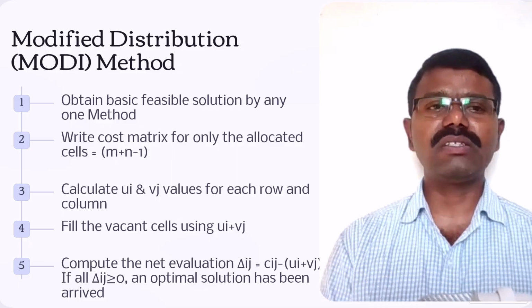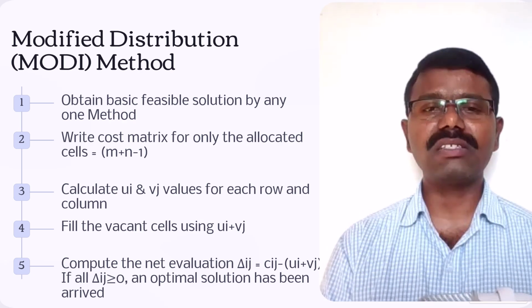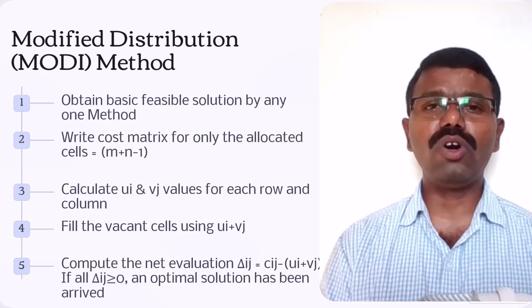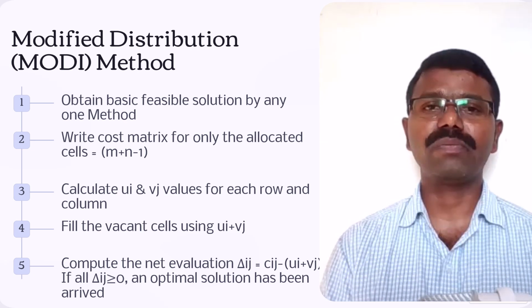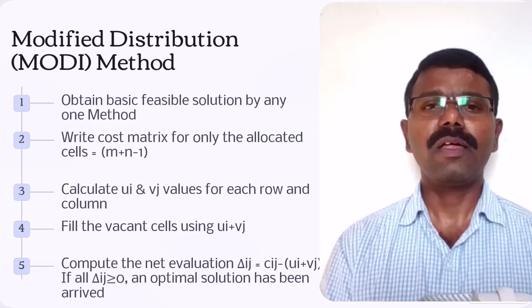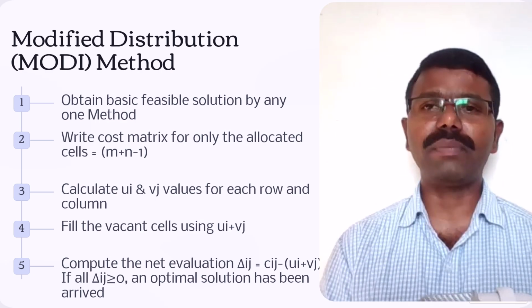Next method is the modified distribution method. This is also called the MODI method. Generally this MODI method will not solve the problem, but it is used only for optimization. According to this method, initially the basic feasible solution needs to be obtained.